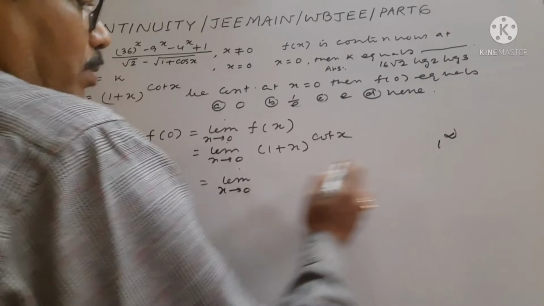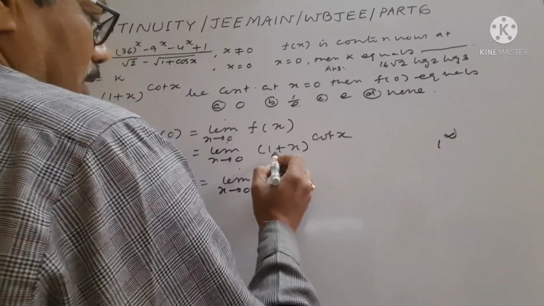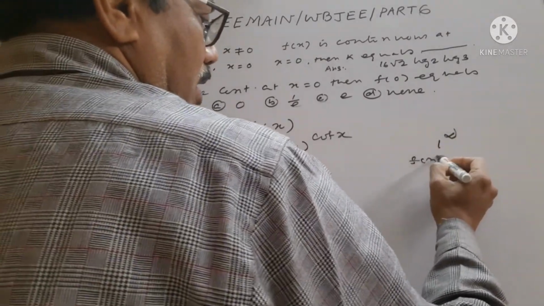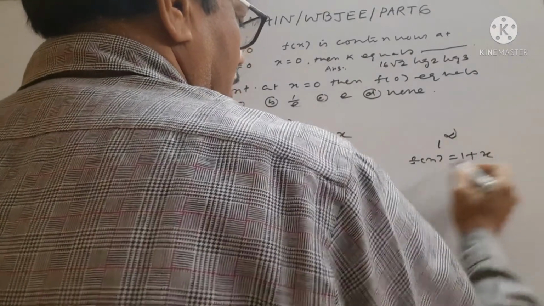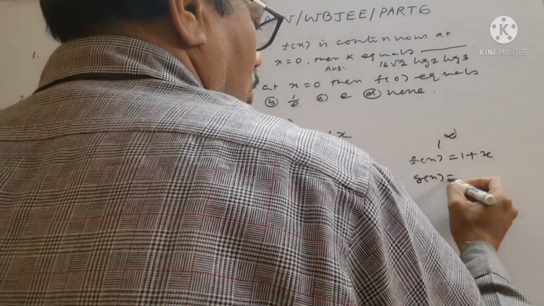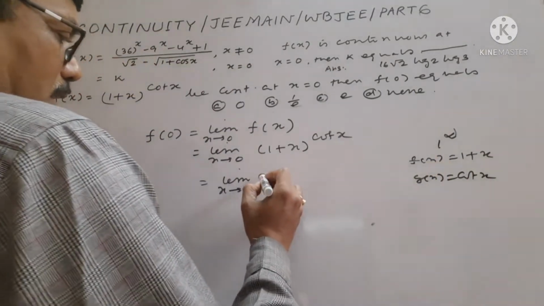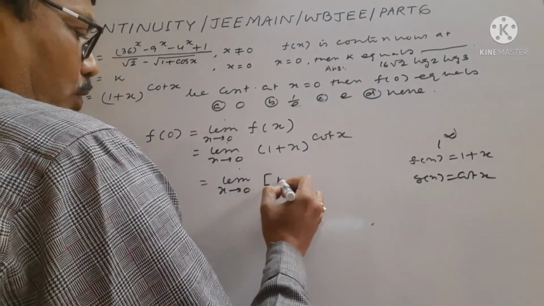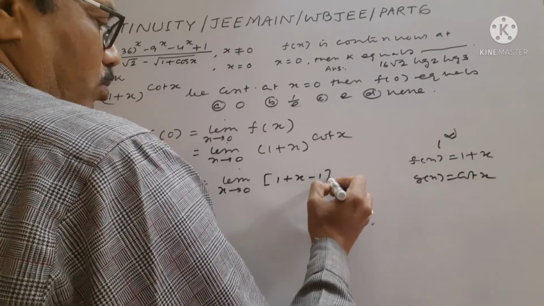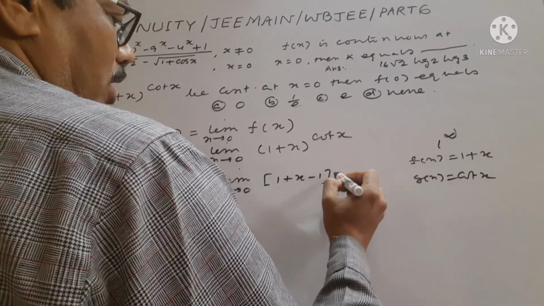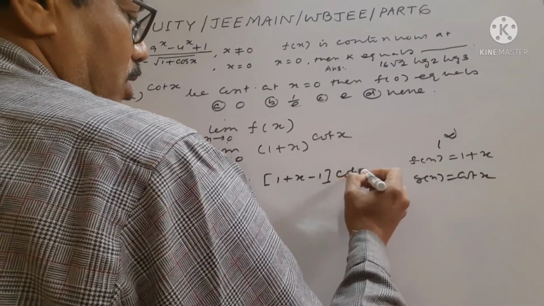If it is of the form 1 to the power infinity, f(x) is 1 plus x and g(x) is cot x. So f(x) to the power g(x) is (f(x) minus 1) into g(x), that is (1 plus x minus 1) into cot x.